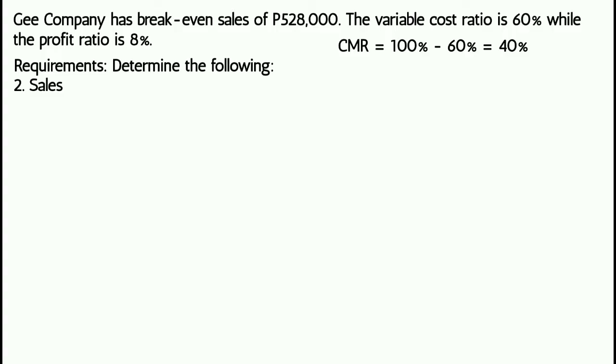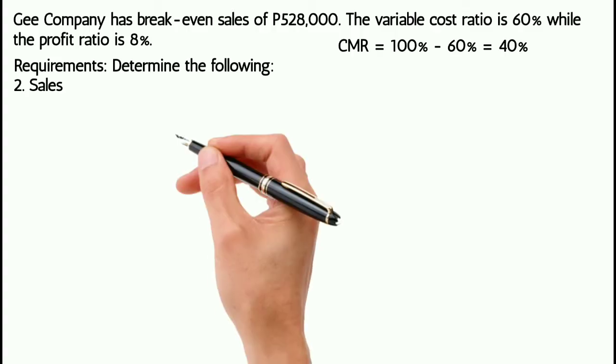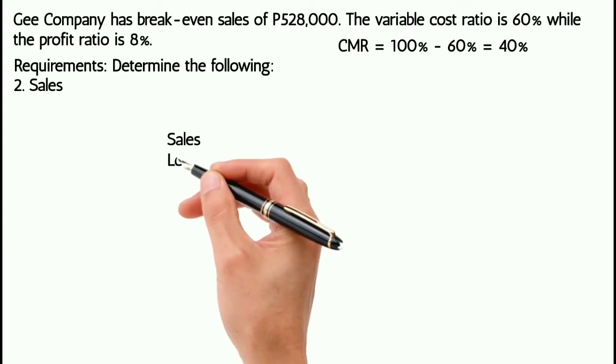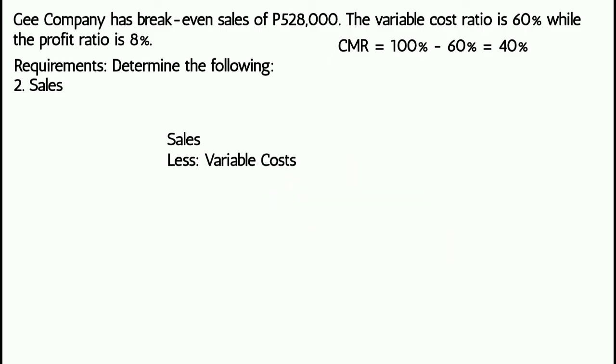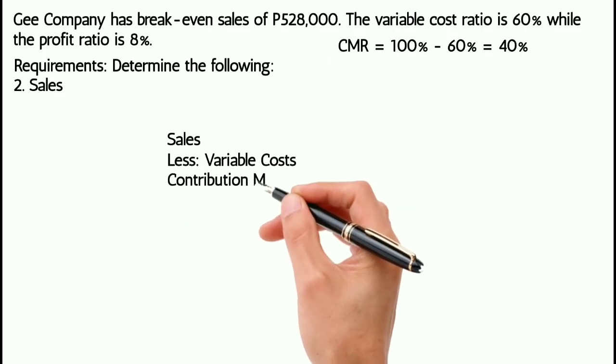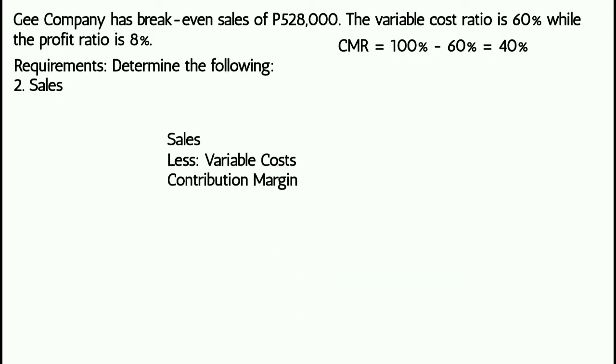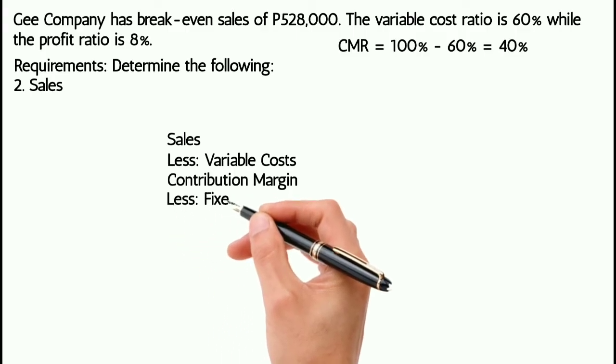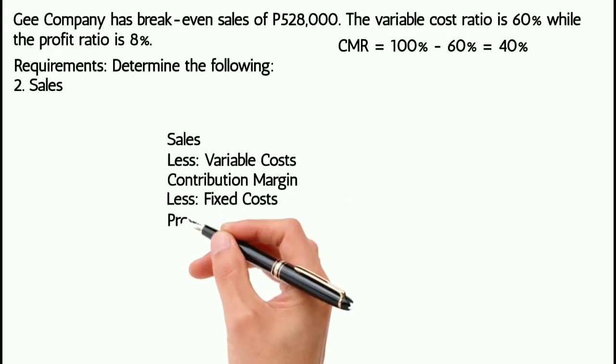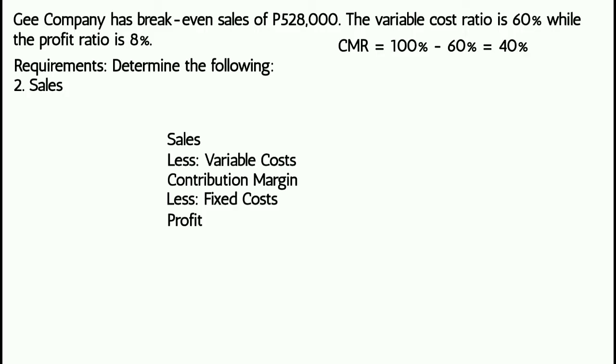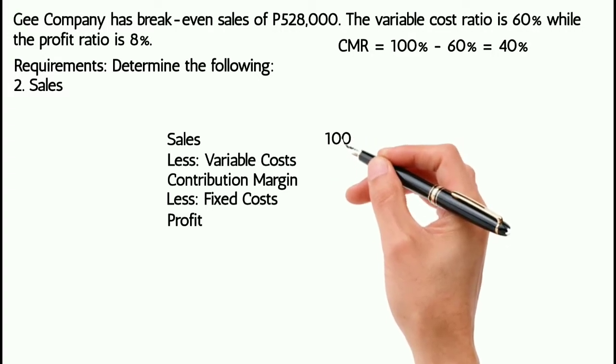Next, requirement number 2, determine the sales. Ano na ulit yung formula under variable costing? Sales minus variable costs, that is equal to contribution margin. Contribution margin minus fixed costs, that is equal to profit or net income. Ang sales, palagi yang 100%.